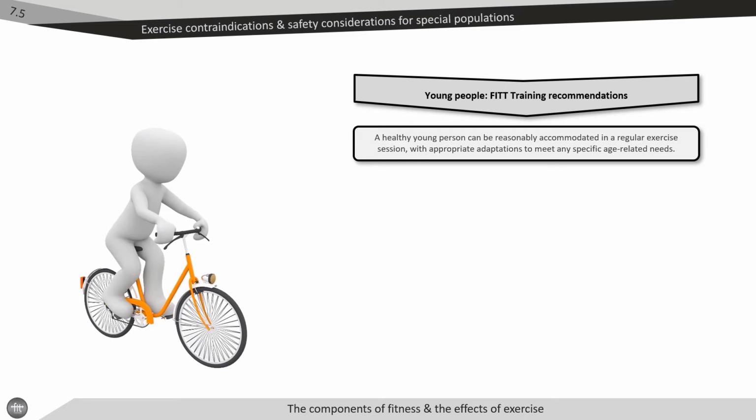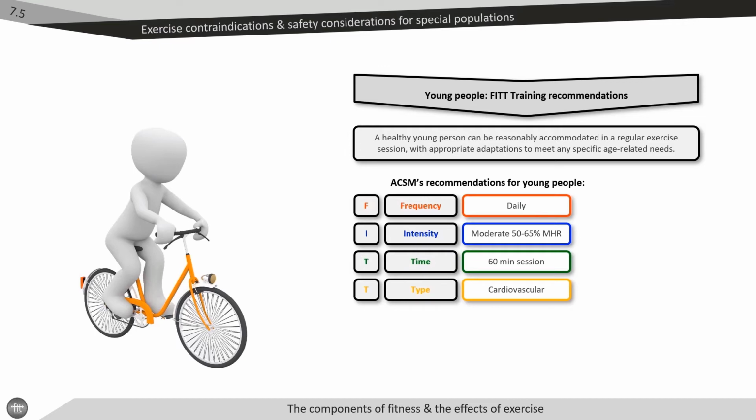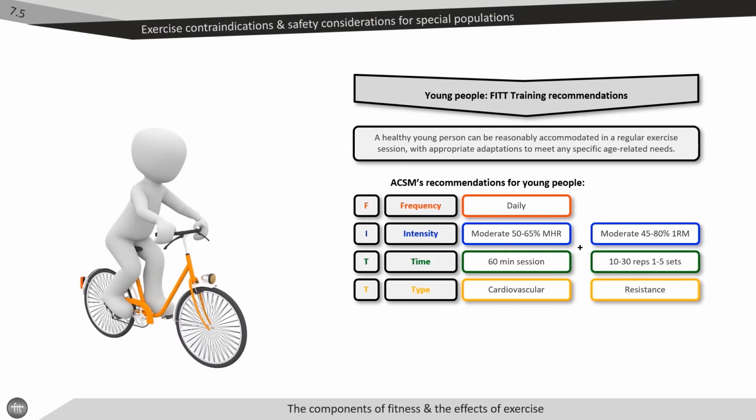The current ACSM FIT training principle recommendations to consider when creating programs for young people include moderate intensity activity between 50 and 65% of maximum heart rate for cardiovascular activity of 60 minutes daily, with the addition of moderate intensity resistance training of between 45 and 80% of 1 repetition max for 10 to 30 repetitions over 1 to 5 sets, balanced across the major muscle groups between 3 to 5 times a week.